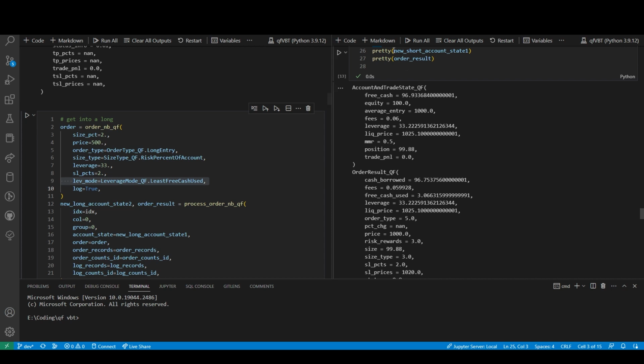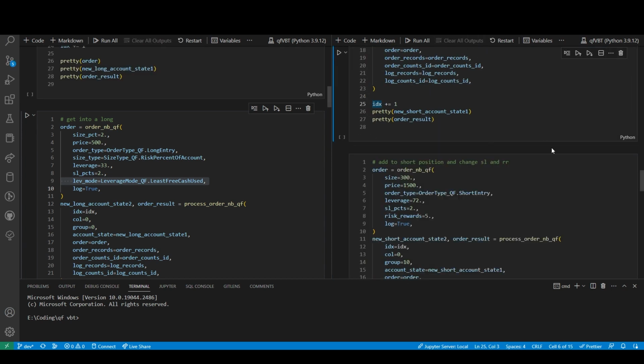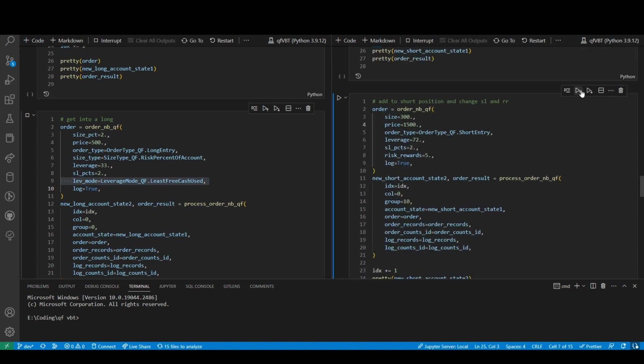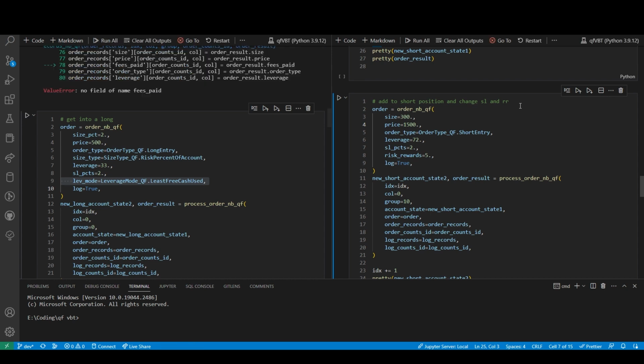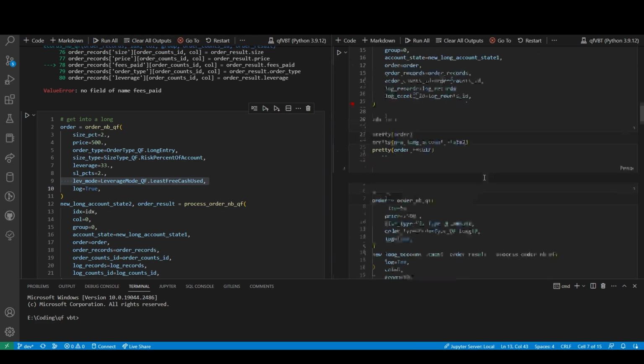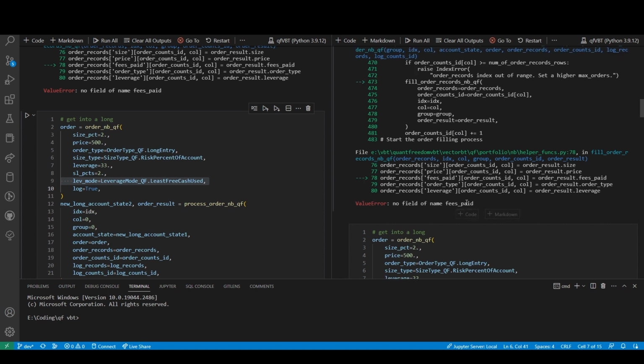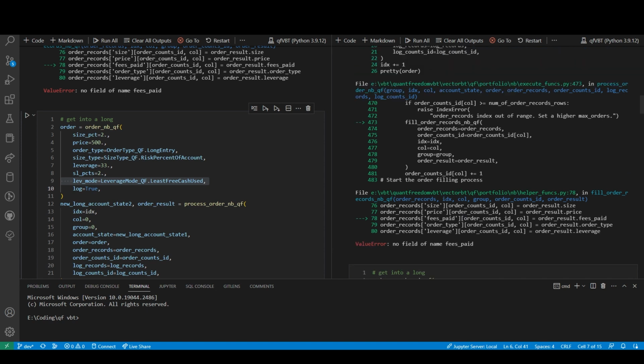Let's see what happens here. Let's do this. Uh-oh. What happened? No field name fees paid. How's that? What? 78 in helper functions?